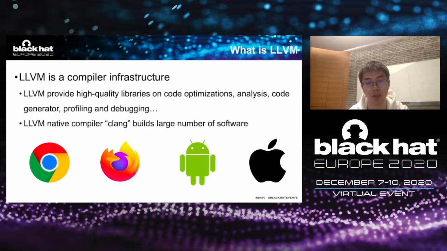Most of us may be more familiar with its sub-project products, such as Clang, the LLVM native compiler. It builds a large number of products, including Chromium, Firefox, Android Framework, and iOS kernel.